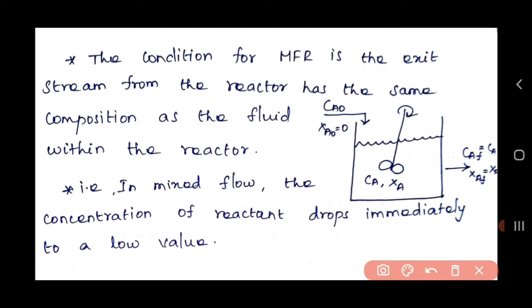That is, in mixed flow reactor, the initial concentration of reactant drops immediately to a low value. That is, once the reactant enters the reactor, it is immediately converted into product. So you will get your desired conversion. That is the condition for mixed flow reactor.